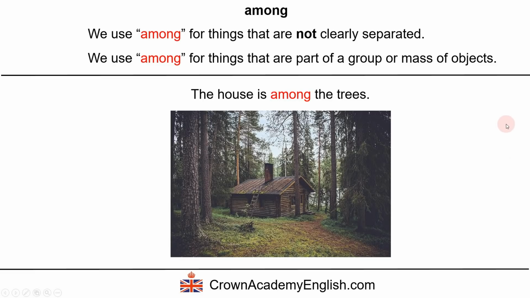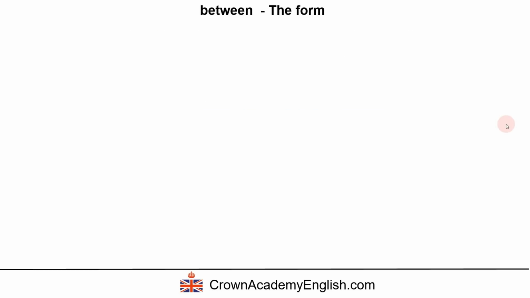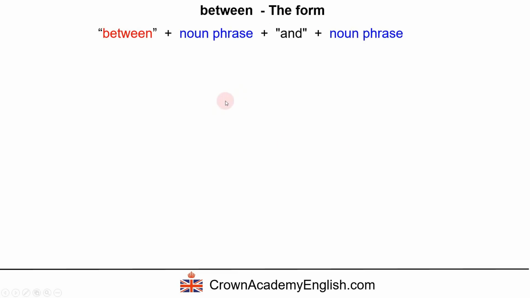But there are other meanings of between and among. That is the meaning of position, but we also have a few other meanings. So let's look at some more differences of between and among. So let's look at the form first of between. So we have between, and then there are two noun phrases.